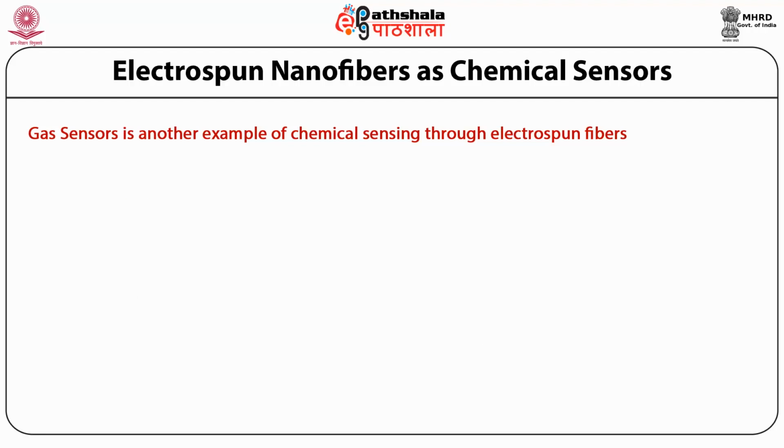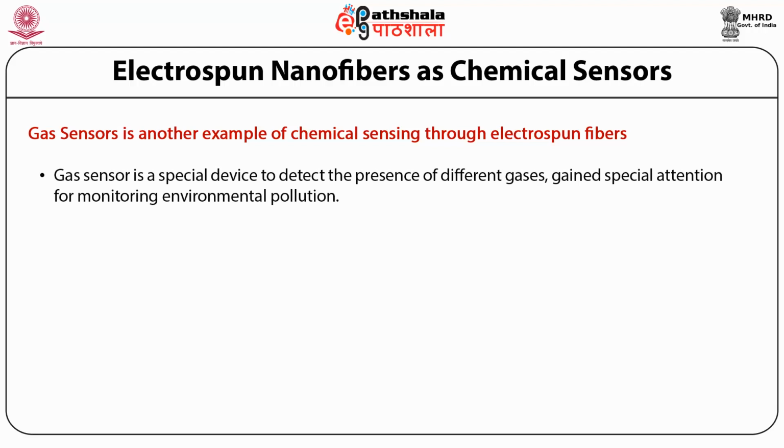Gas sensor is another example of chemical sensing through electrospun fiber. Gas sensor is a special device to detect the presence of different gases. It has gained special attention for monitoring environmental pollution.